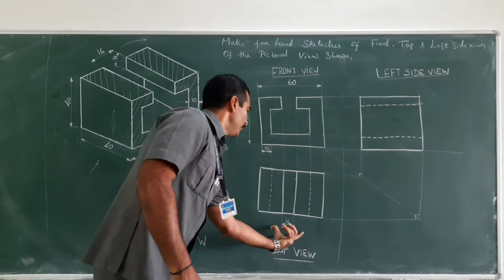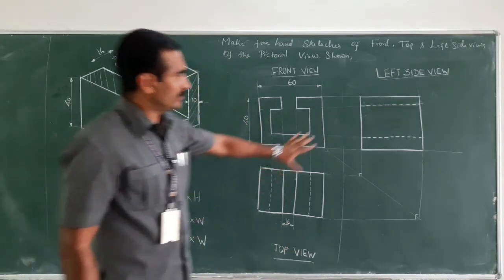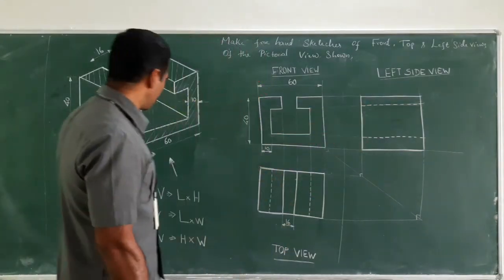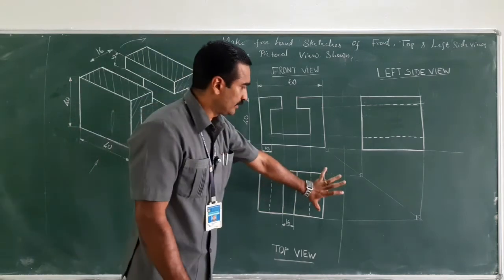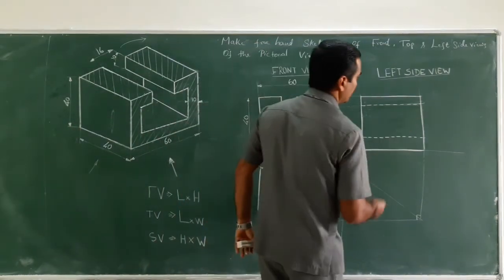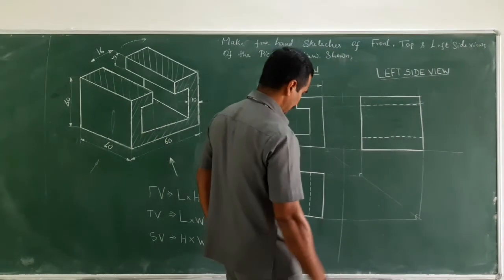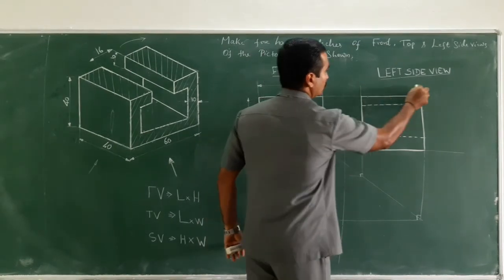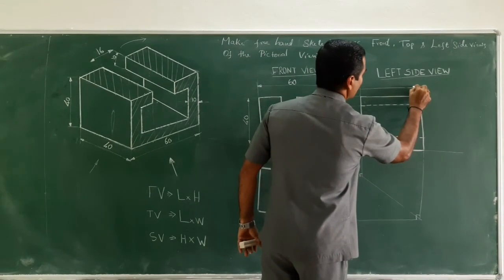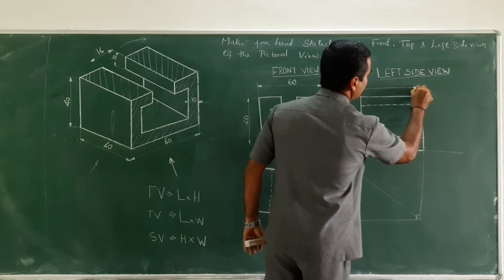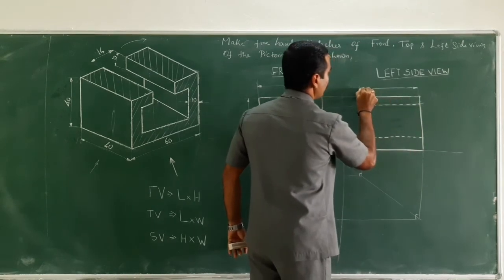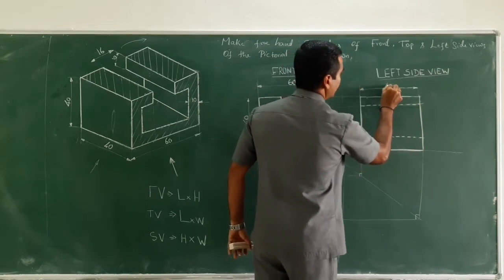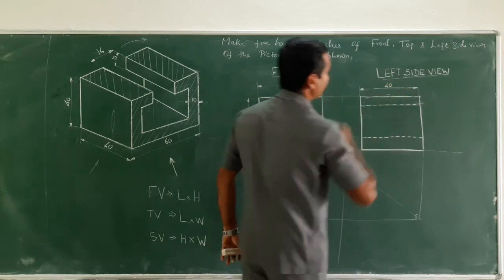Now the width, since nothing is being shown here, this width I am going to mention in the side view itself. So this is width. So width of the object is 40 mm, 40 above the dimensioning line.